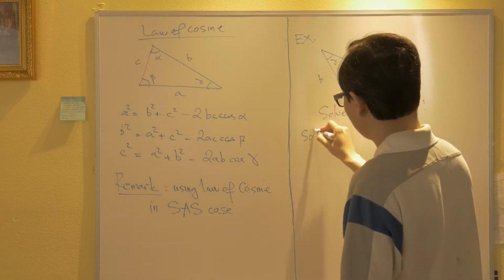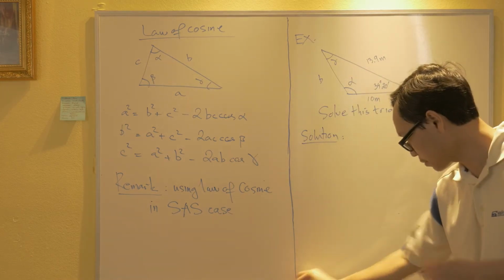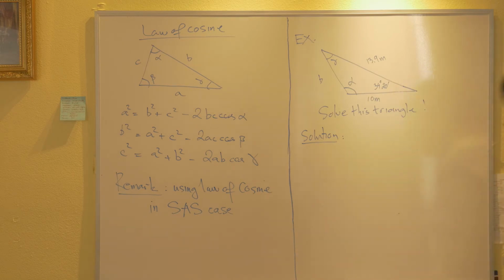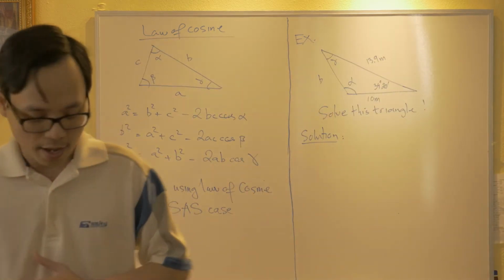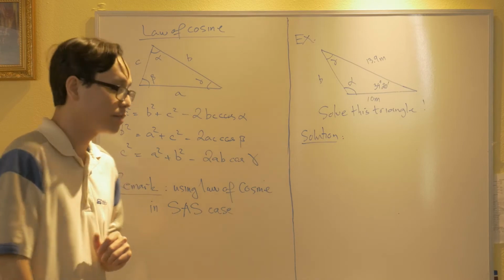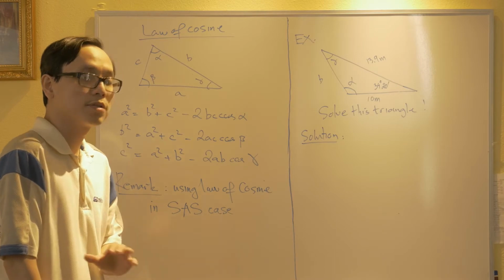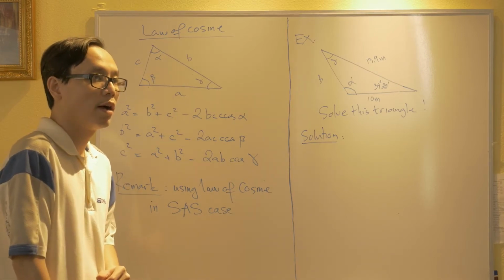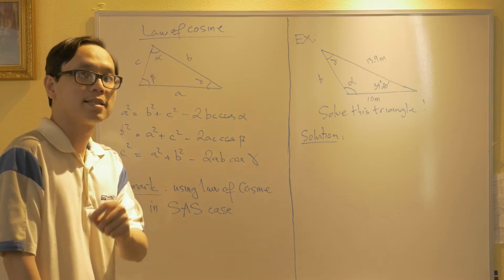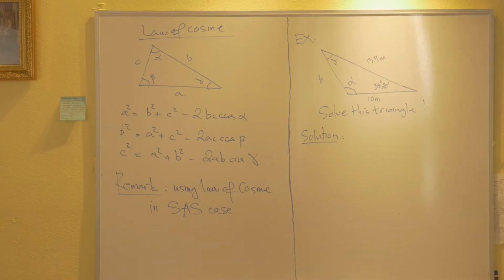Solution. So I'm going to solve this triangle, and we want to see if we can use the law of cosines right away or not, or we can use the law of sines. Well, for the law of sines, when you have angle, side, angle, or side, side, angle, then you have to consider how many triangles there are, by calculating the altitude, remember in the previous video.